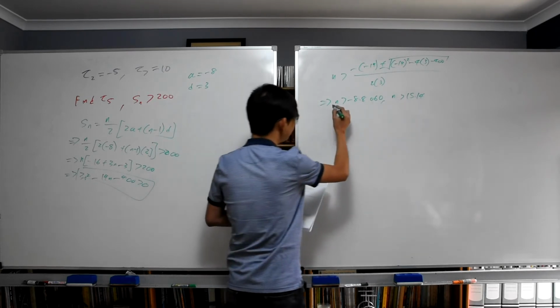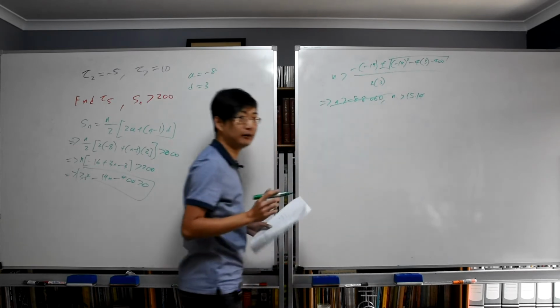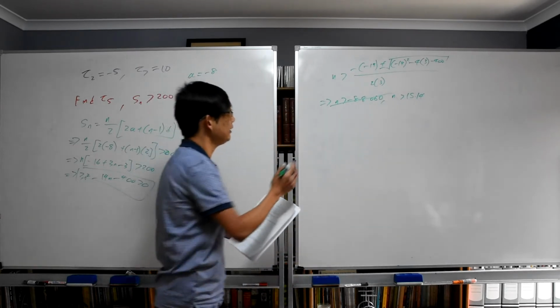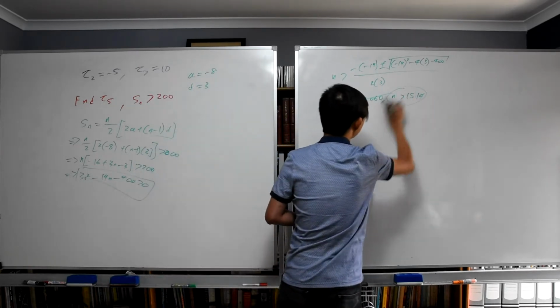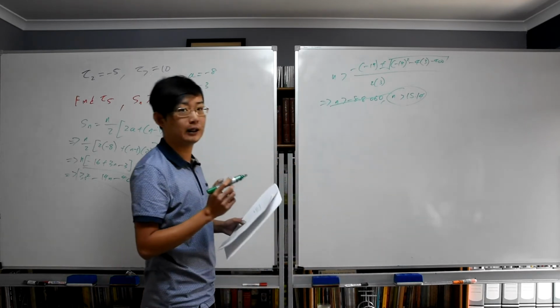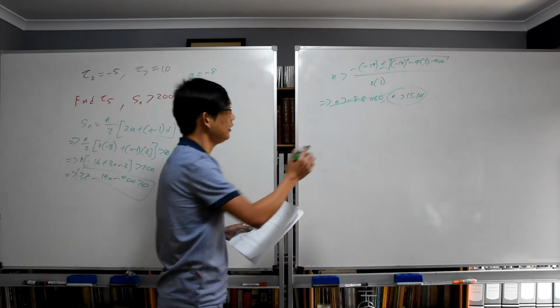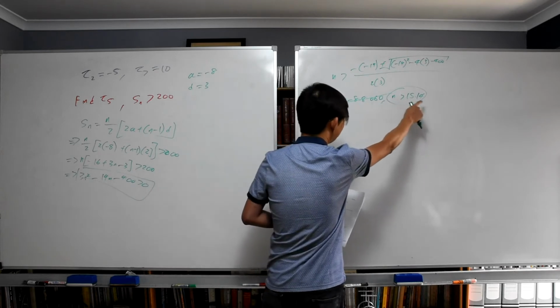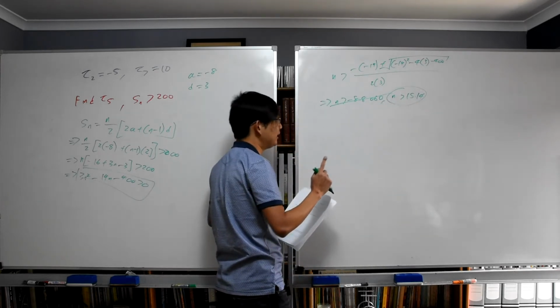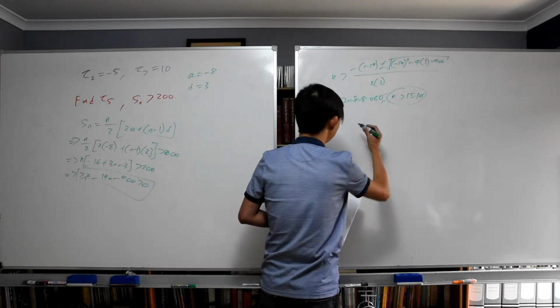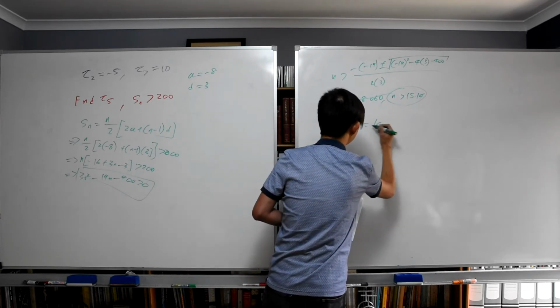Well, we disqualify this solution because the number of terms can never be negative. So we accept this solution, but the number of terms can only be a positive integer. So because n is greater than 15.14, the first positive integer greater than that is n equal to 16.